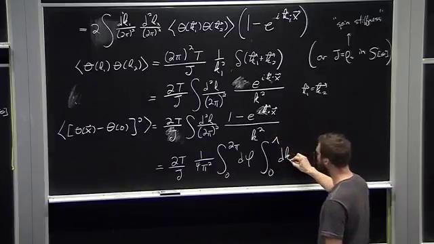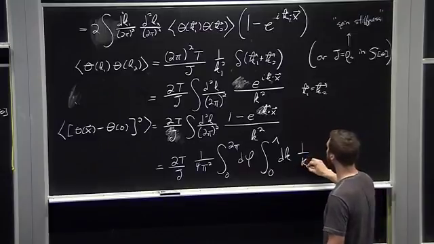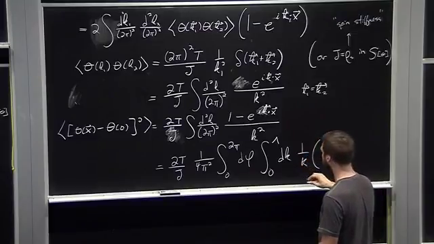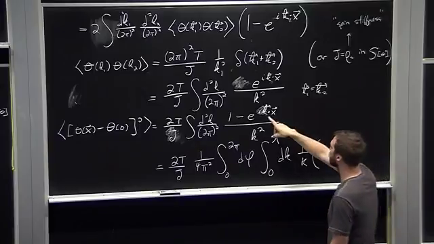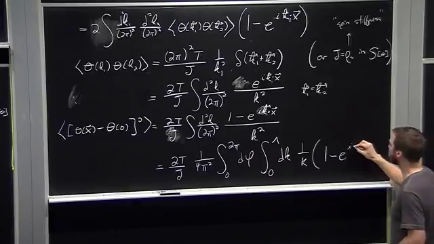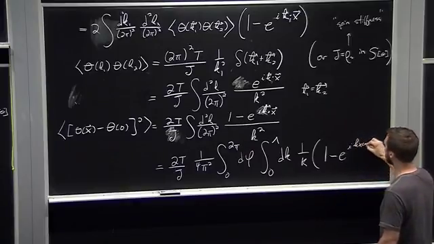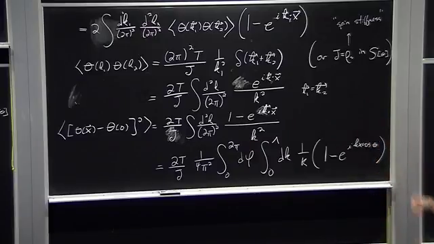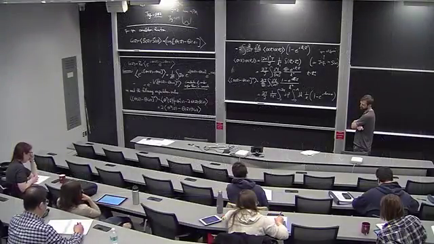So it should be dk, then 1 over k, and then 1 minus e to the i, and what I'll do is I'll take the dot product of k dot x and call that kx cos theta. Okay?